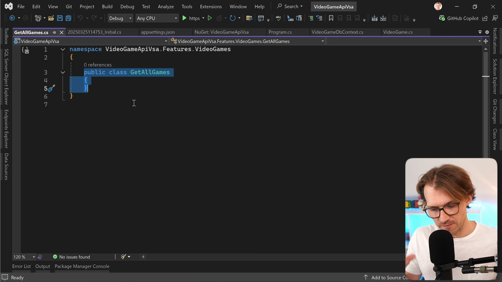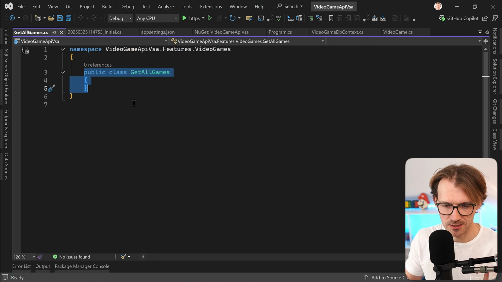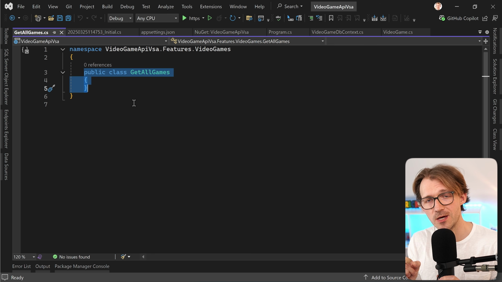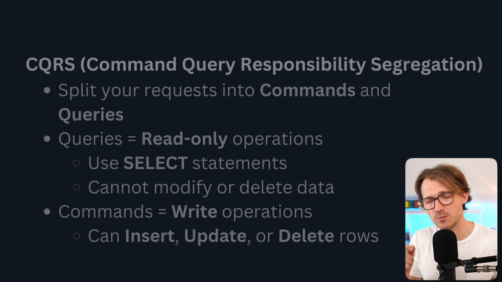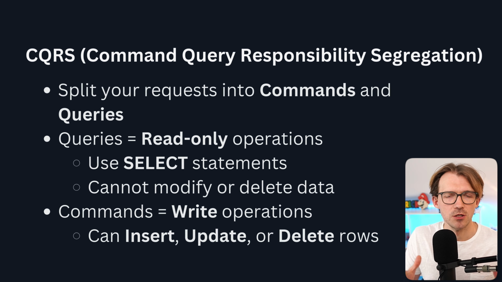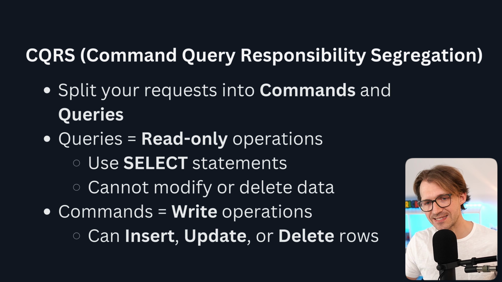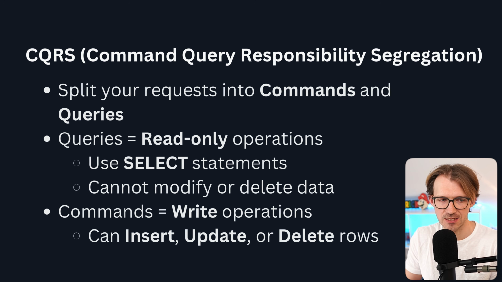So this means first, I have to explain that. I try to explain it really quick. Command query responsibility segregation just means, you know, that you have a web service, a .NET Web API, you have a request, and with CQRS, you split these requests, let's say, into queries and into commands.